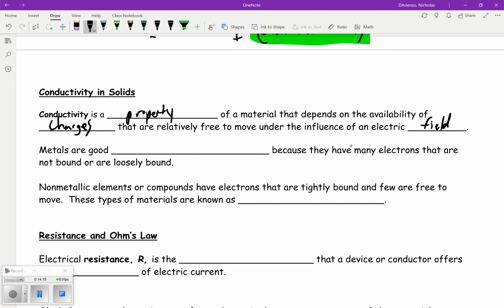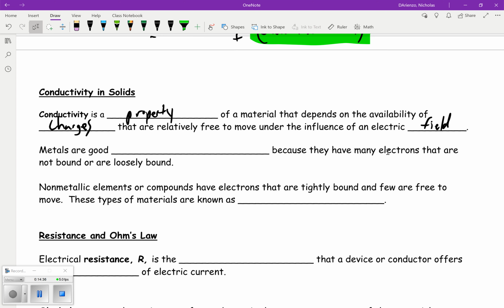So if a material has many available charges to move when an electric field is applied, then they have the property of conductivity. And that property can vary depending on the availability of those charges.